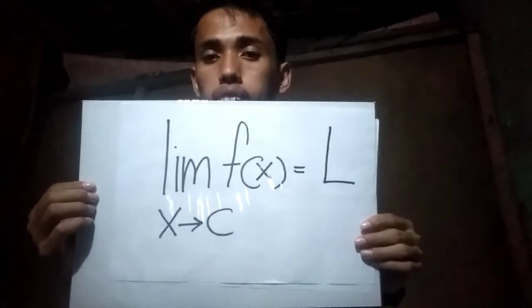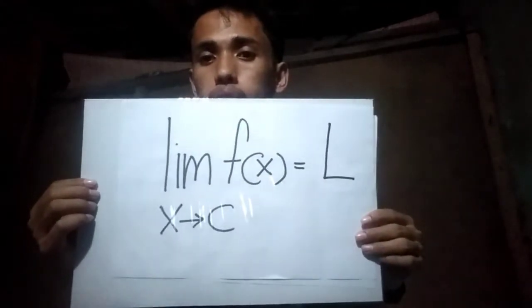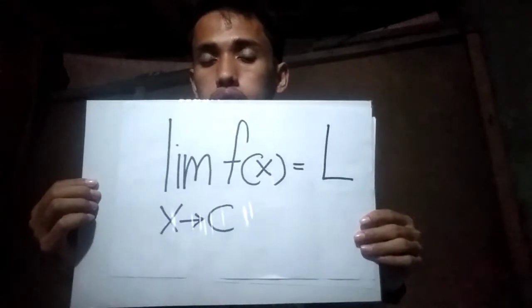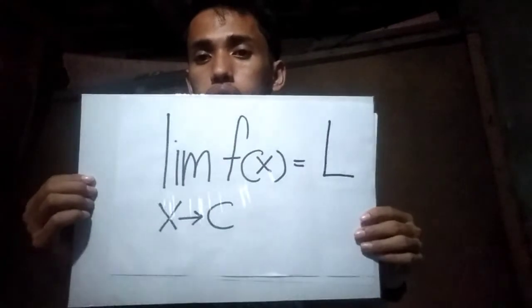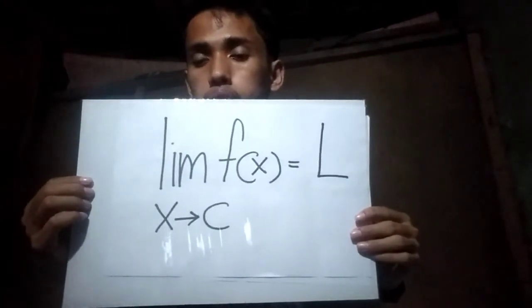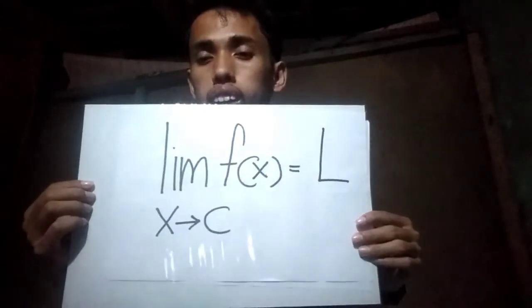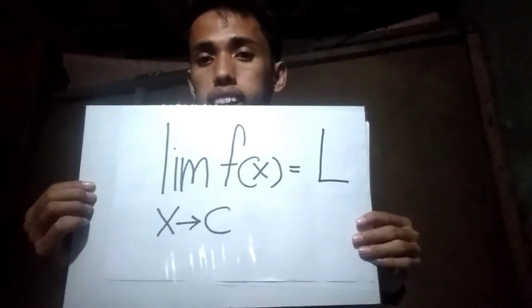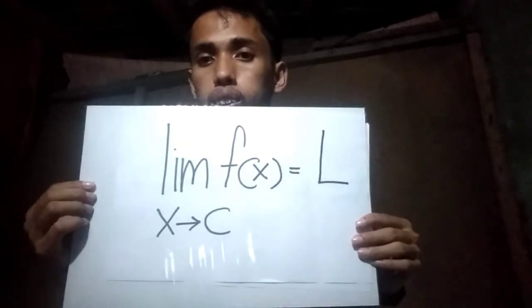And this symbol is to be read as the limit of the function f of x as x approaches c is equal to L. And now that we have defined what a limit is, let us have our first example in finding the limit of a function using a table of values.